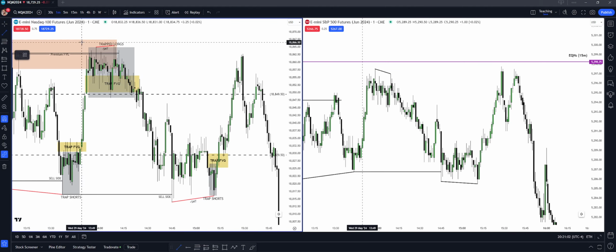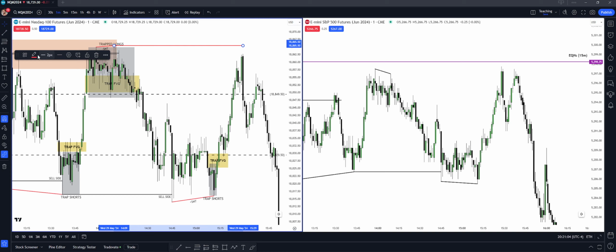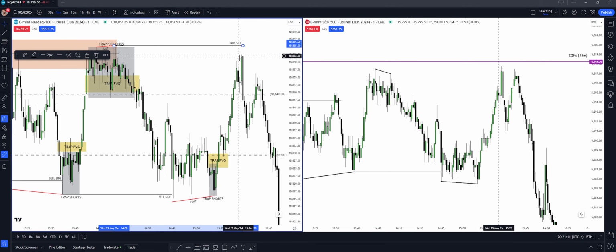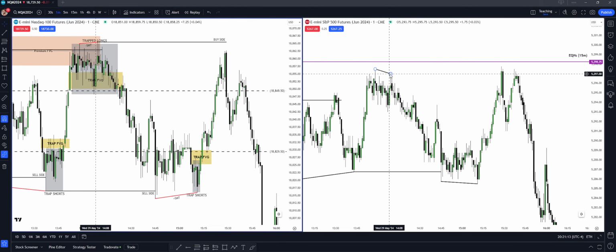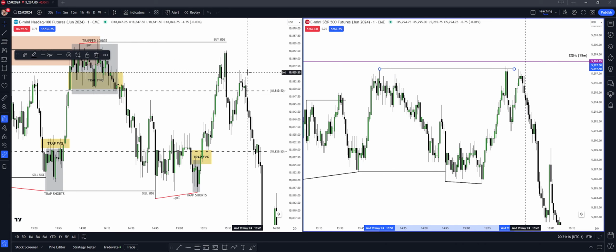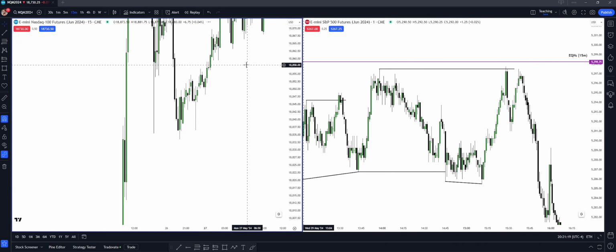So this is the buy side, or the target for the buy model. It failed to get above there, but ES actually took it. So that formed an S&T divergence probably on the 15 minute, I would say.